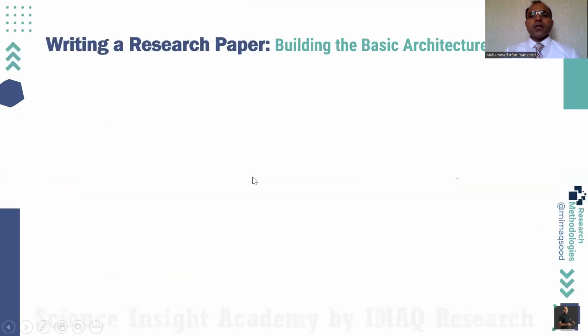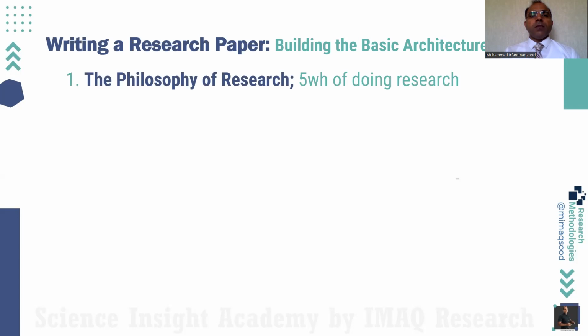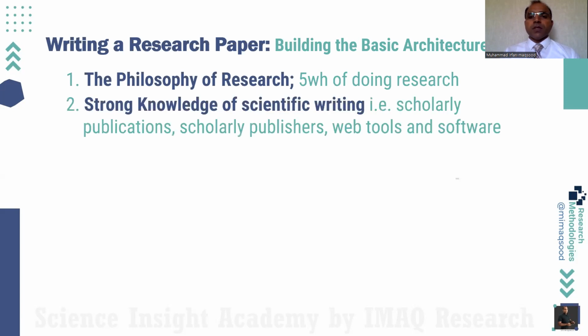In previous sections, we talked about the basic architectures of our research papers, and how we build the basic architecture while writing a research paper. We talked about the philosophy of research, the 5WH of doing research.